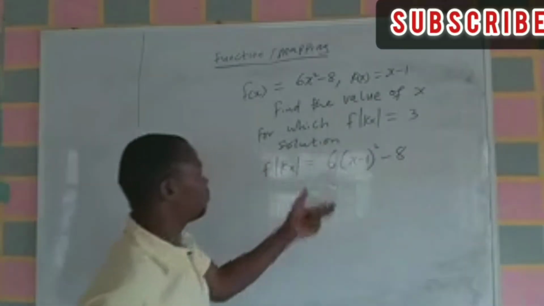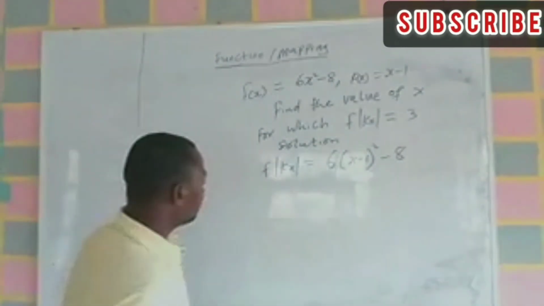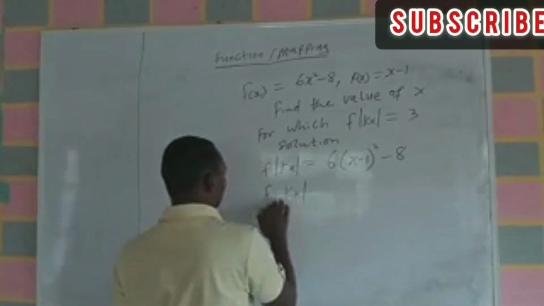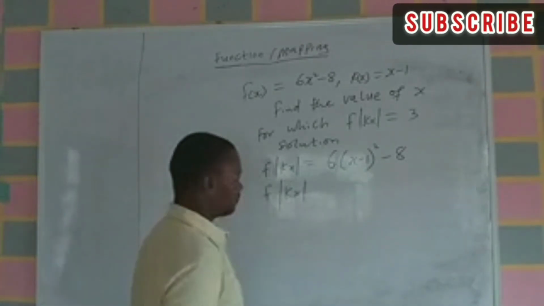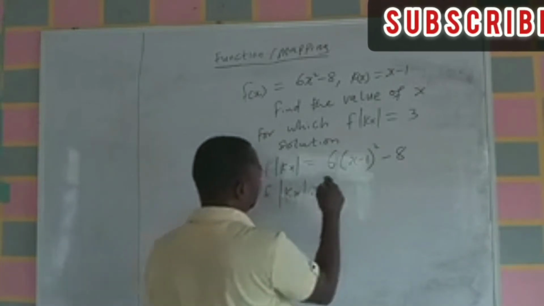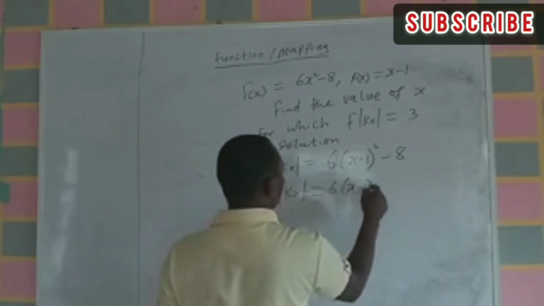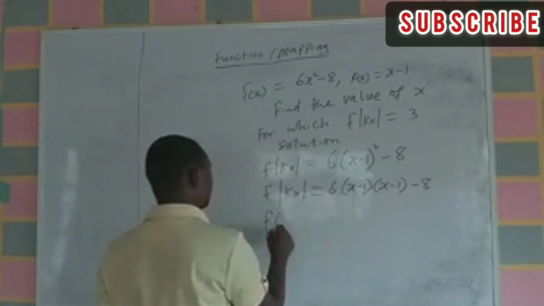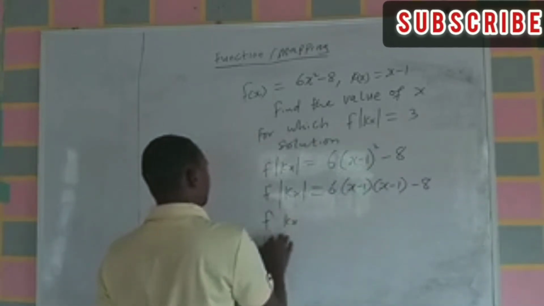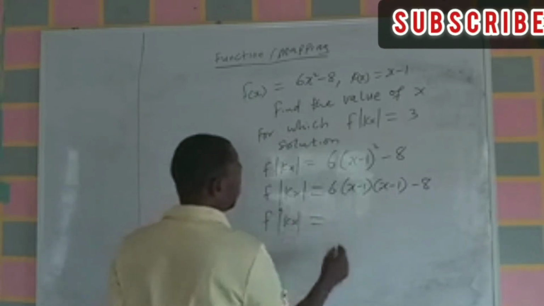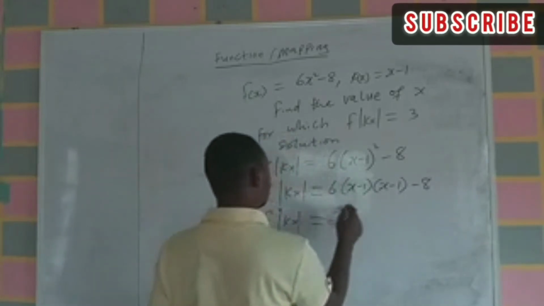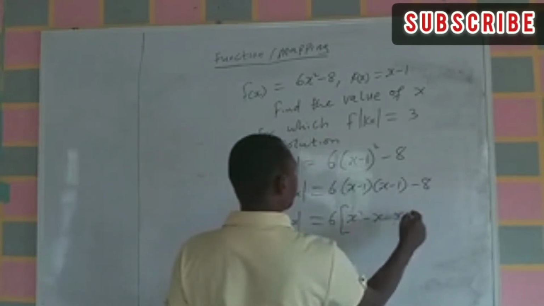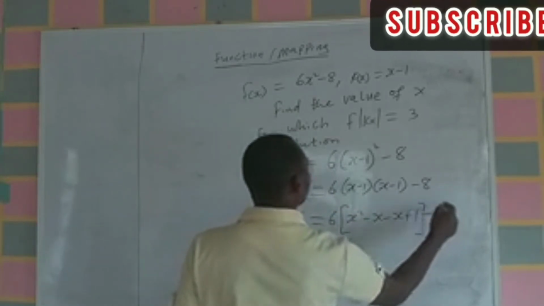When we are done, we now find s. Don't forget, it must be in bracket form. Which is equals 6 into s minus 1 times s minus 1, minus 8, which is s times s squared minus s plus 1 minus 8.